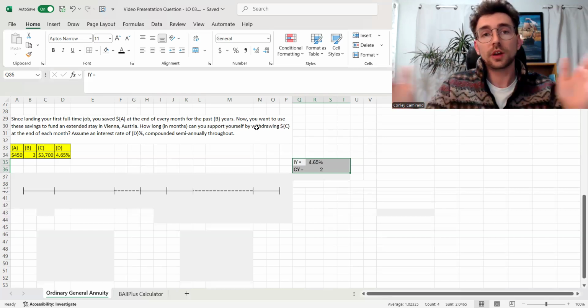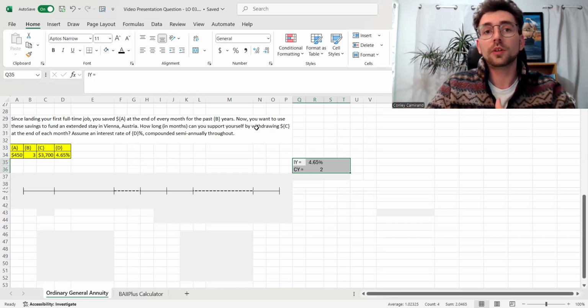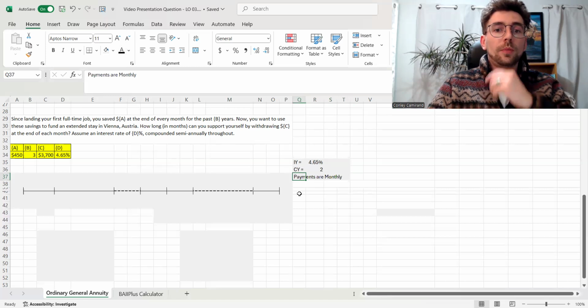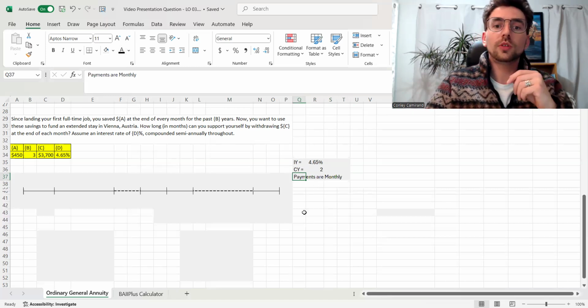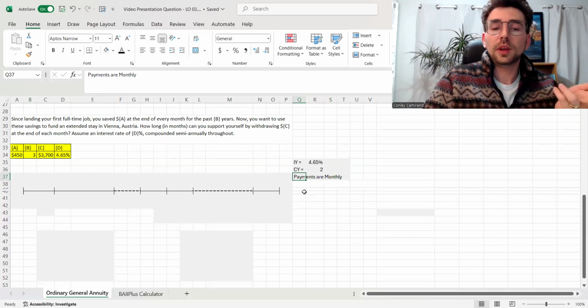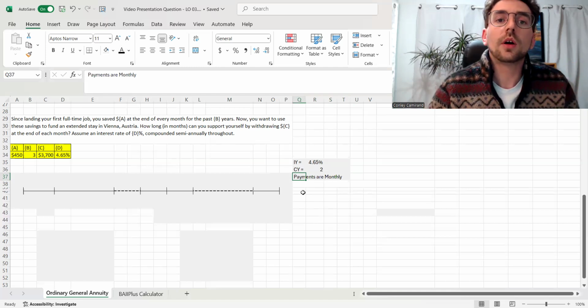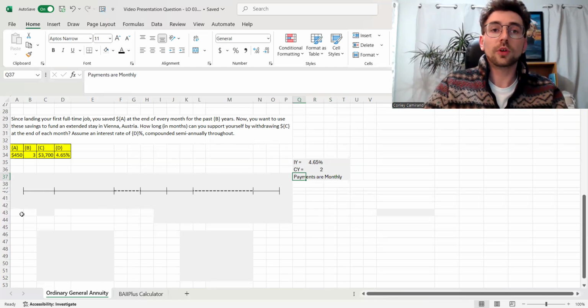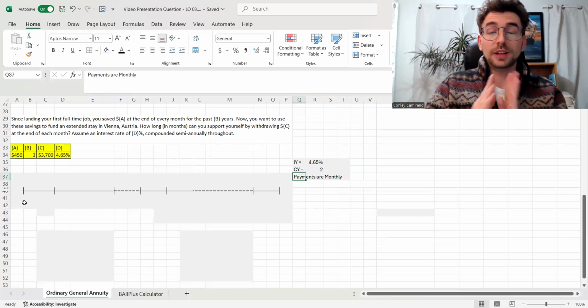So throughout the entire timeline, our PY will be 12. IY, CY, and PY are all the same throughout the entire timeline.